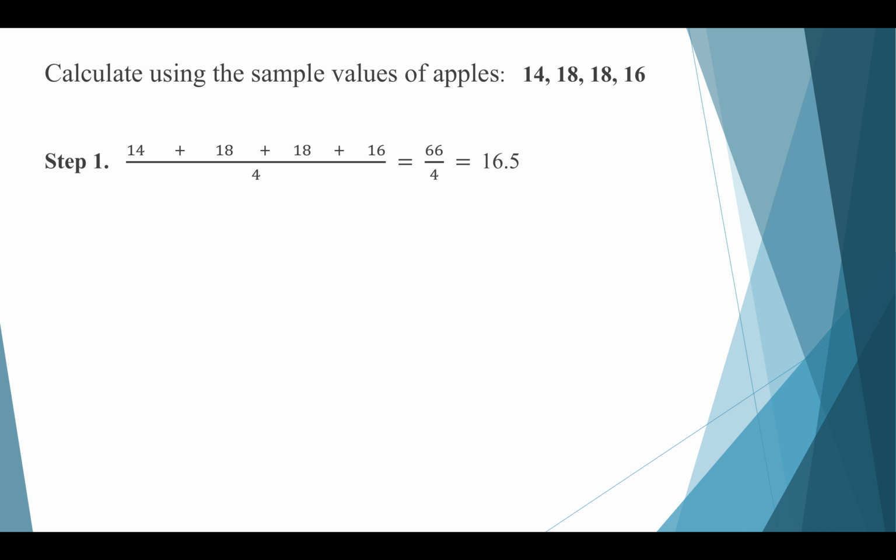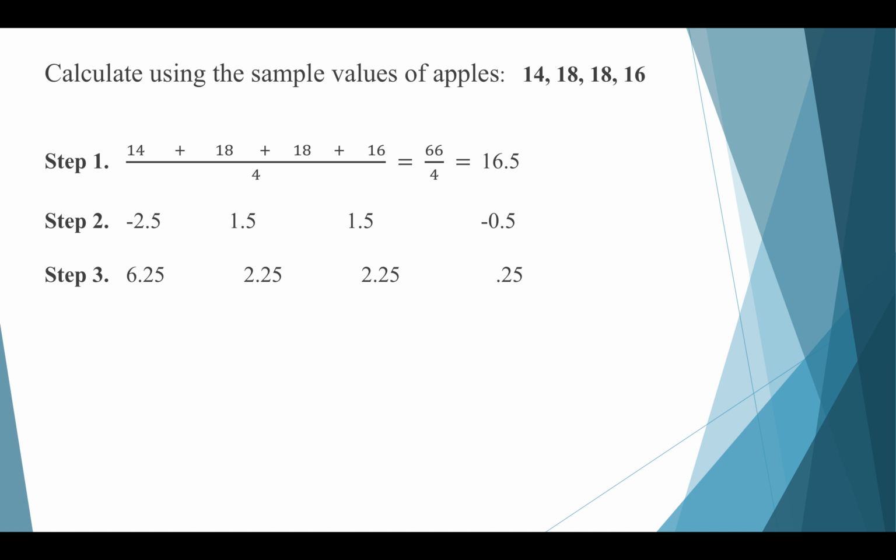In step 2, we'll take 16.5 and subtract it from each data value. Remember I told you the standard deviation is usually positive, but when you're working the 6-step formula, you will commonly work with negative numbers in step 2. So 14 minus 16.5 will give you negative 2.5, and so forth on down the line.